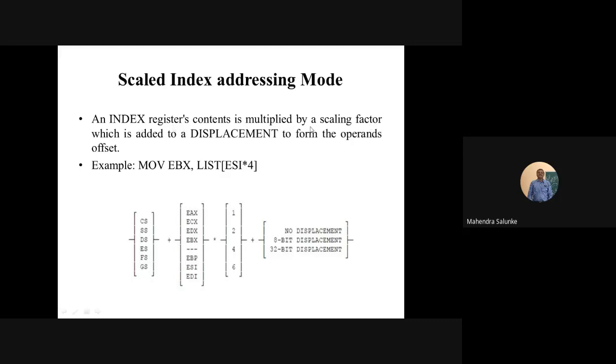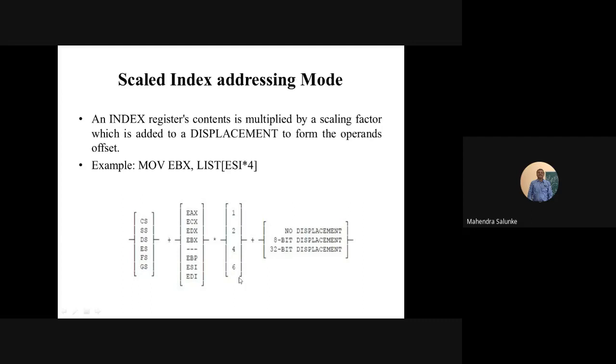The index register contents are multiplied by the scaling factor and added to a displacement to form the operand offset. So the effective address is a combination of index plus scaling plus displacement. That's why you see the index register times the scaling factor.